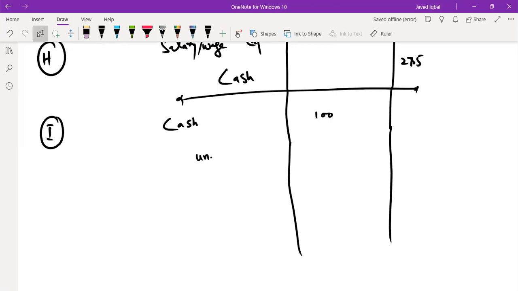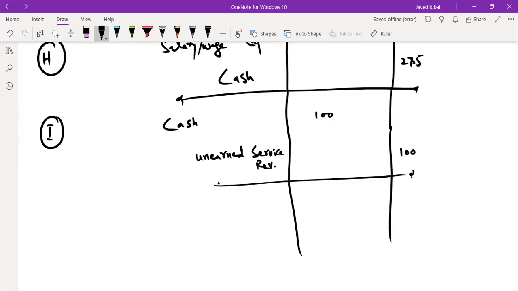So this will be unearned, just like we learned in the last lecture. Unearned service revenue. So this is 100. So this will conclude transaction I.